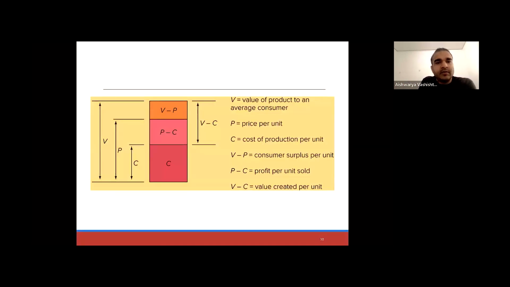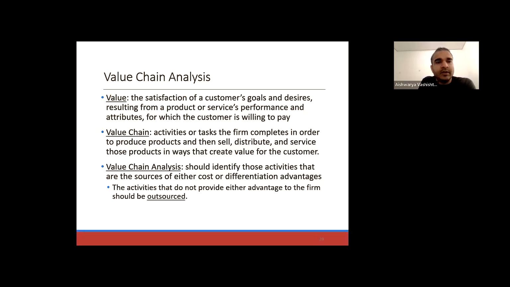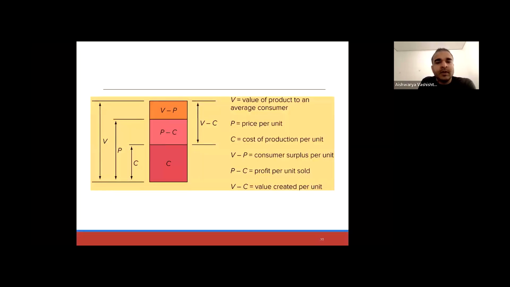So first, we need to understand what is the value here that we are talking about. So the first block is cost price, right? We have studied cost price and selling price in economics, right? So cost price is the cost of production for the firm.